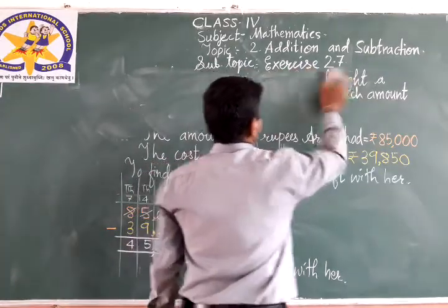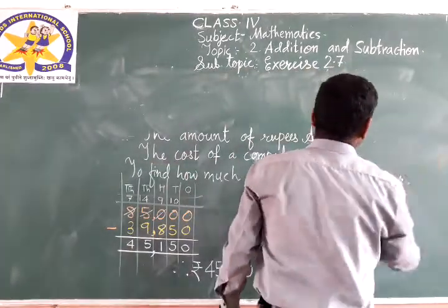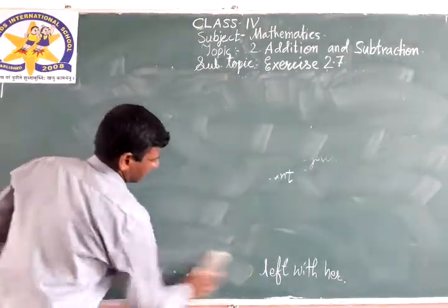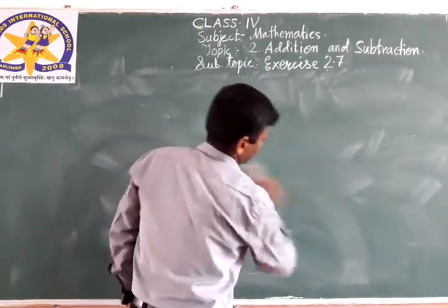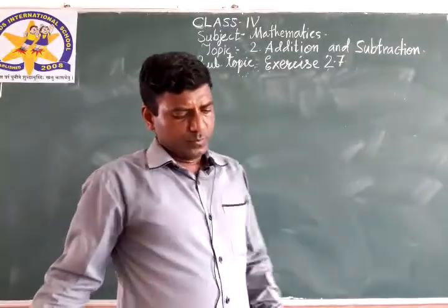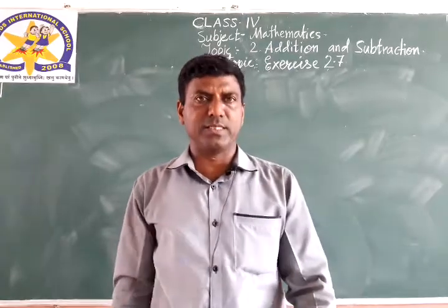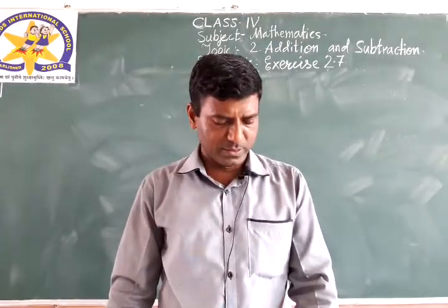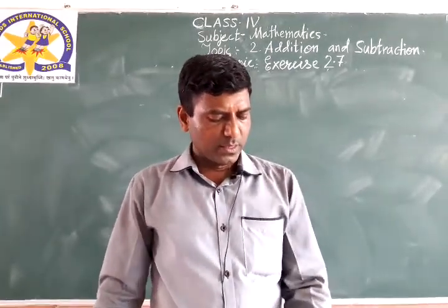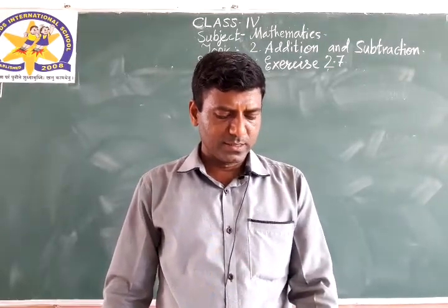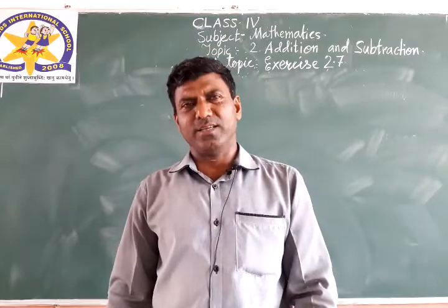Exercise. Same exercise. Question number 2. The sum of two numbers is, sum means addition. If one number is this one, find the other.